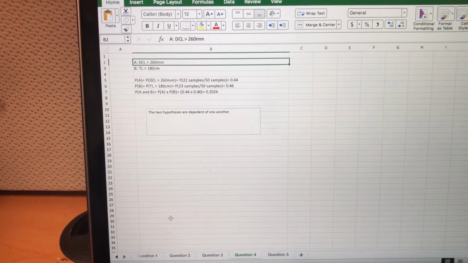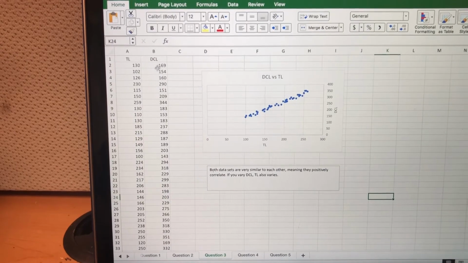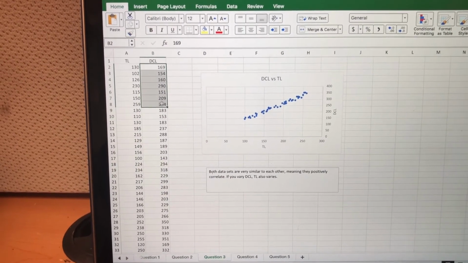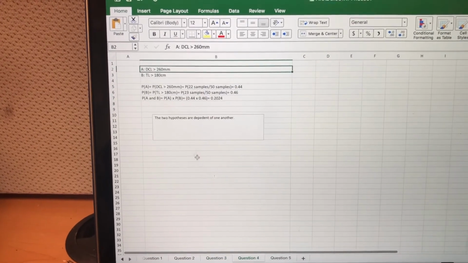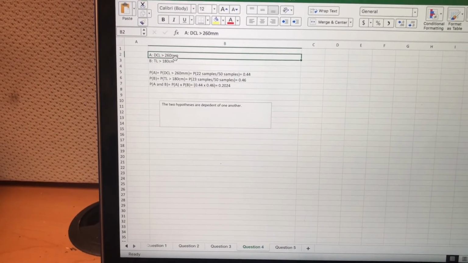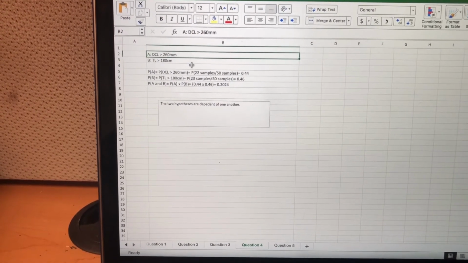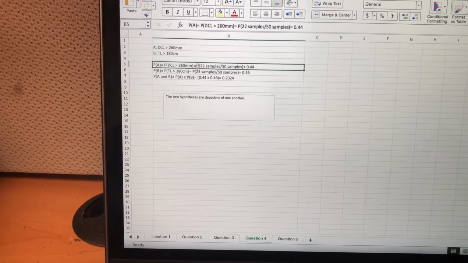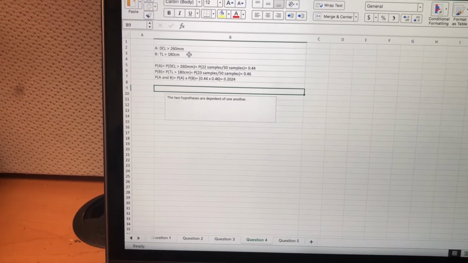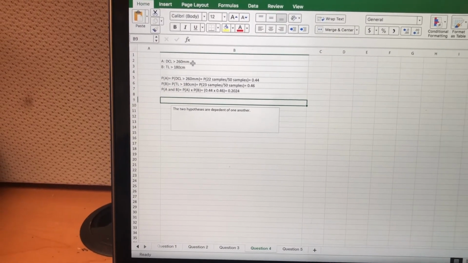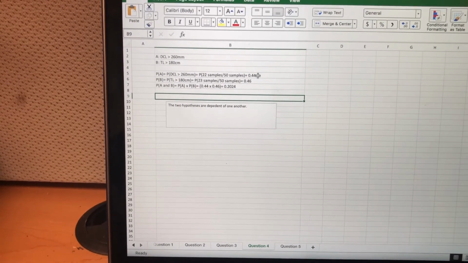So in this specific example, for DCL, you don't add, you count up all the points that are less than or equal to 260. And for this example, it was 22 out of the 50. So you do the probability of the dorsal cranial length being less than 260 mm. So 22 divided by 50 is 0.44.